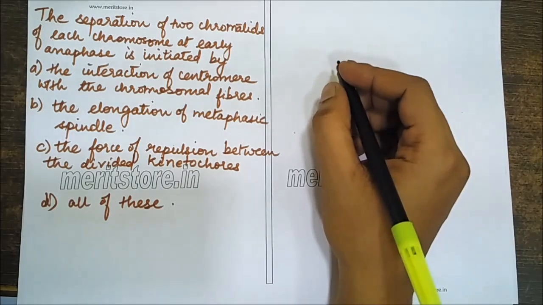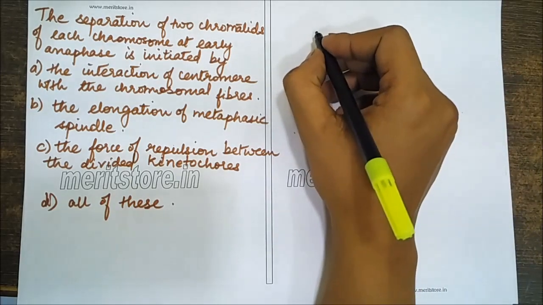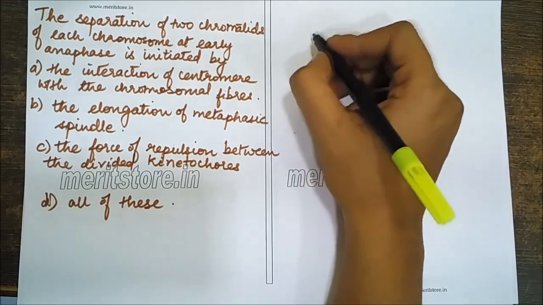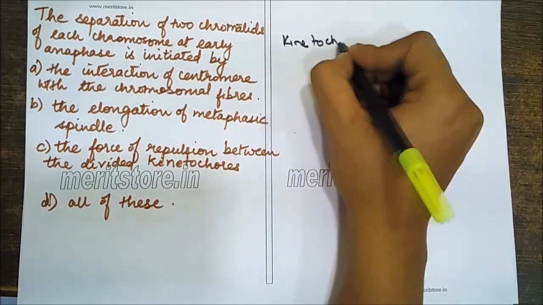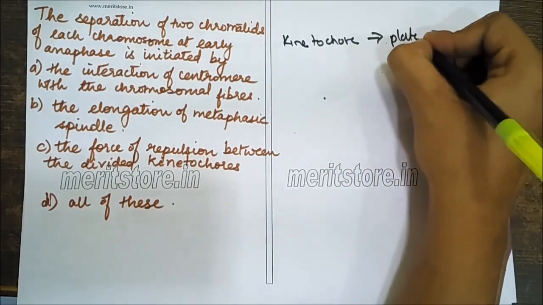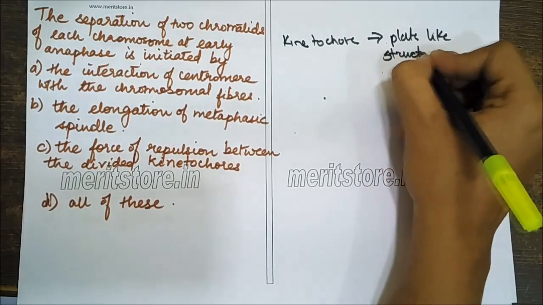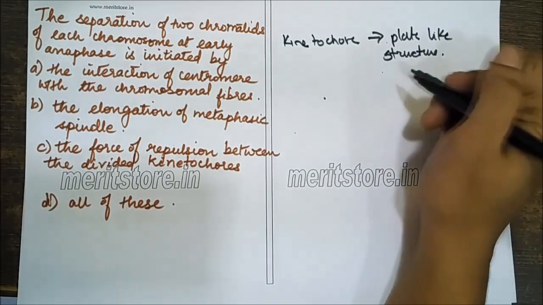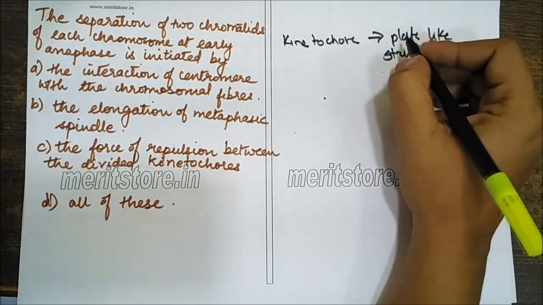See, what happens is, when the cells are undergoing division, remember the kinetochore. What is this kinetochore? It is a plate-like structure by which the microtubules of the spindles attach to the centromere.